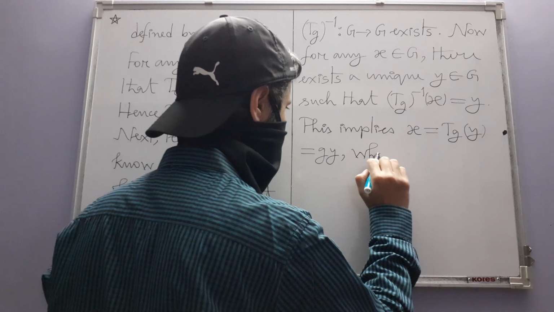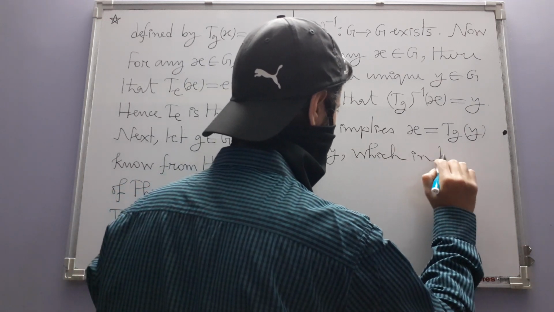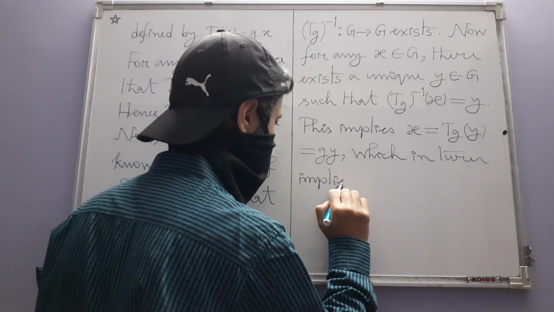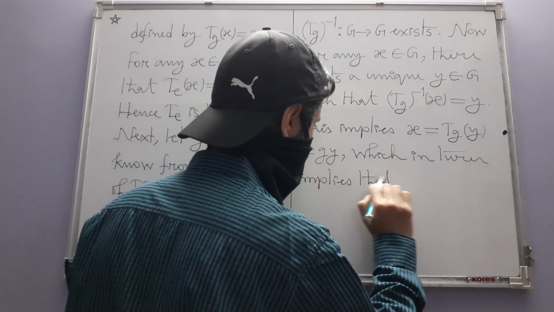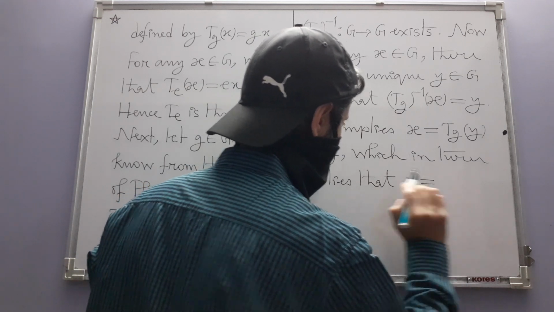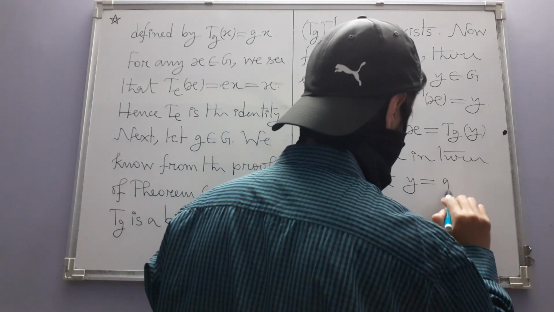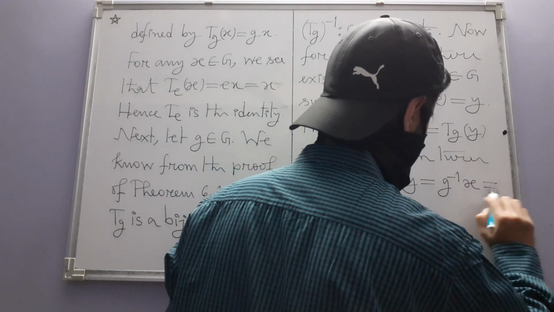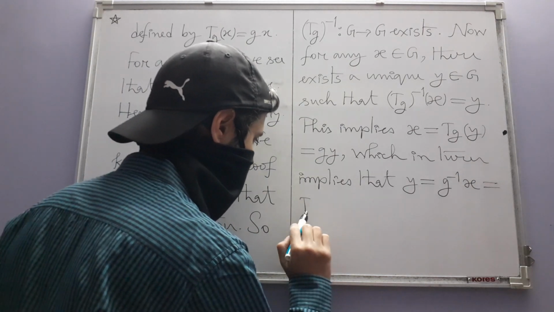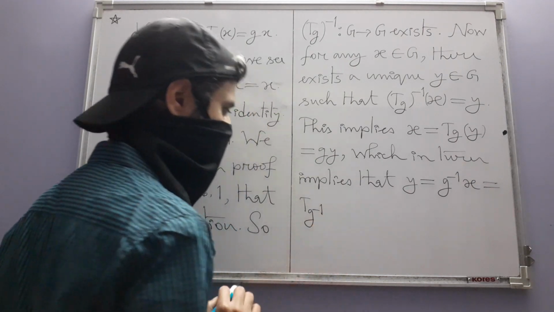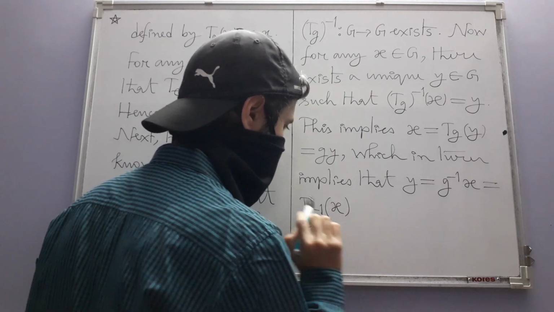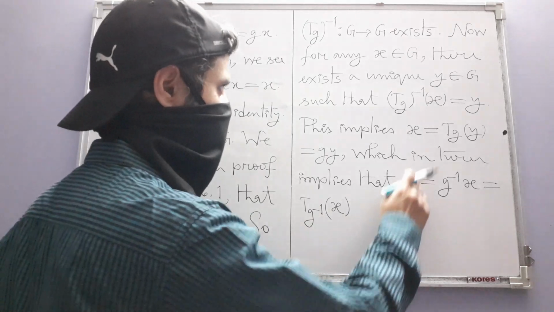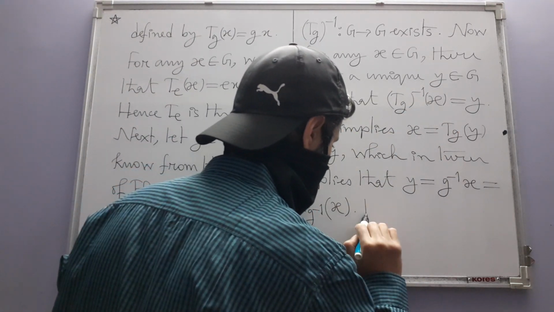and this in turn implies that y is equal to g inverse x, which is nothing but the T_g inverse image of x. Okay, so now if we combine this with this, we get this.